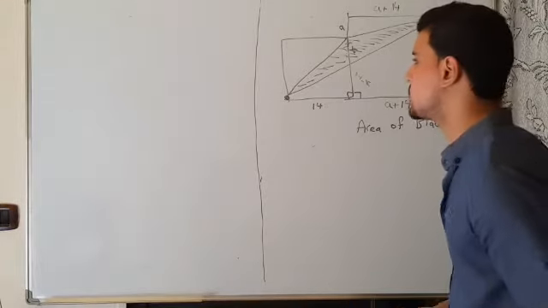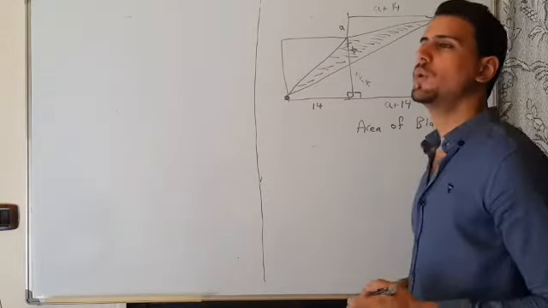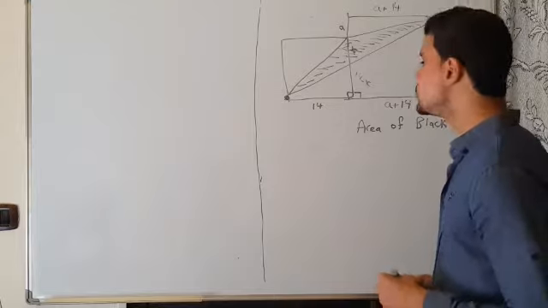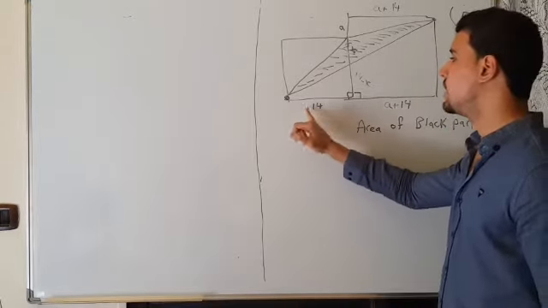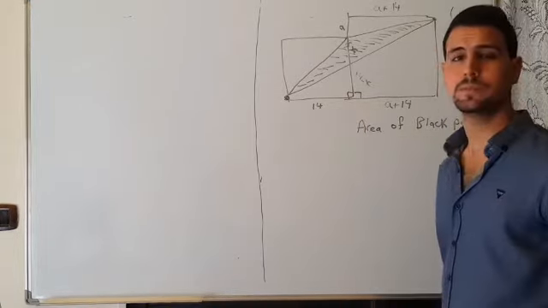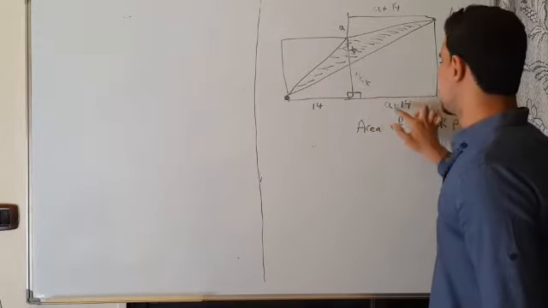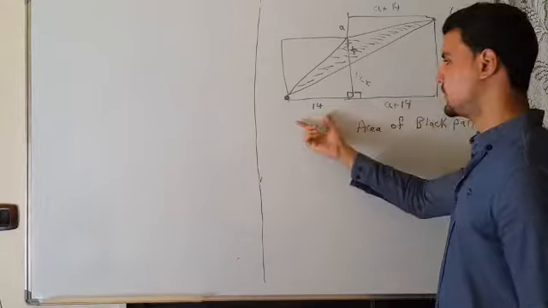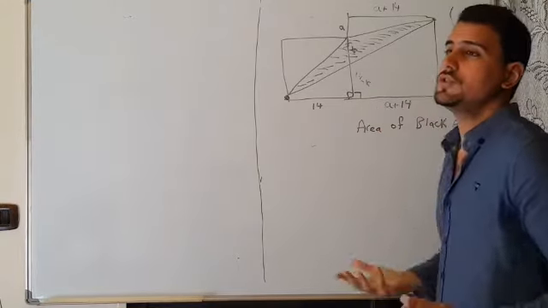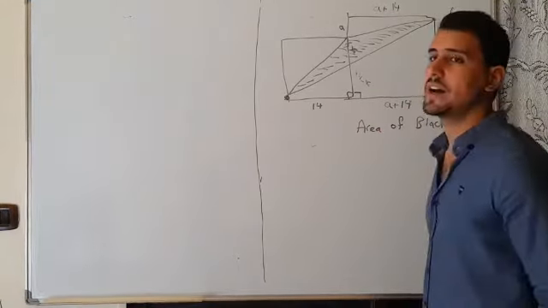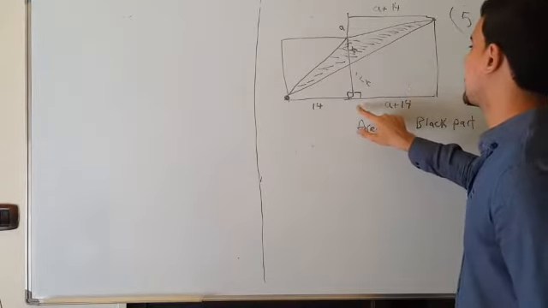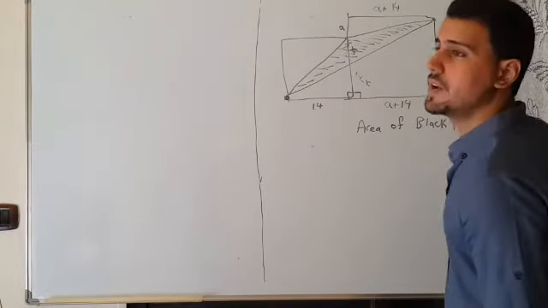Now, what's the magical way I'm talking about? The magical way is like this. Didn't you notice that I only know the side of one of the squares? And the other square, I don't know the length of the side. So basically, I can make it very, very large.